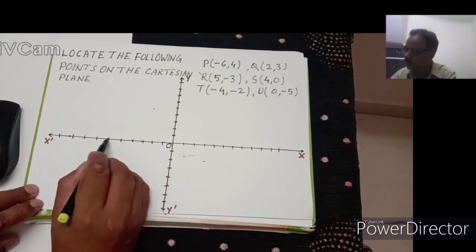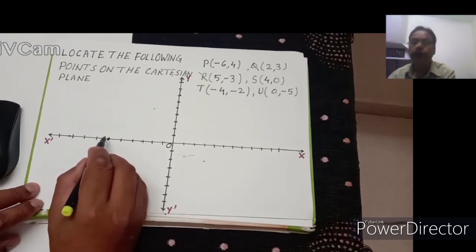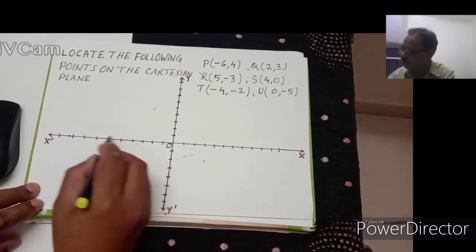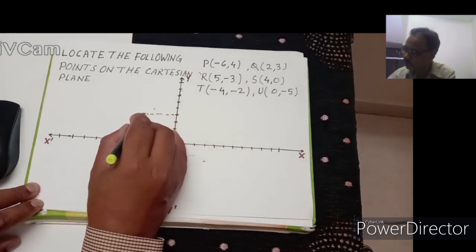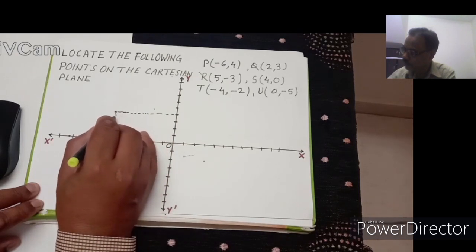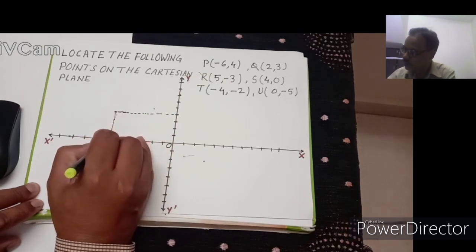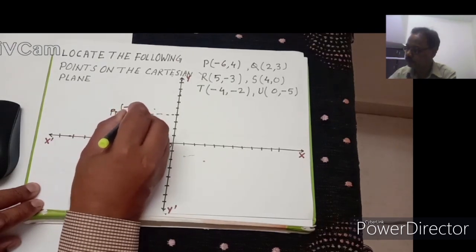So this is -6, and how much to the y-axis? 4. So 1, 2, 3, 4. This will be the point P, location of point P, -6, 4.